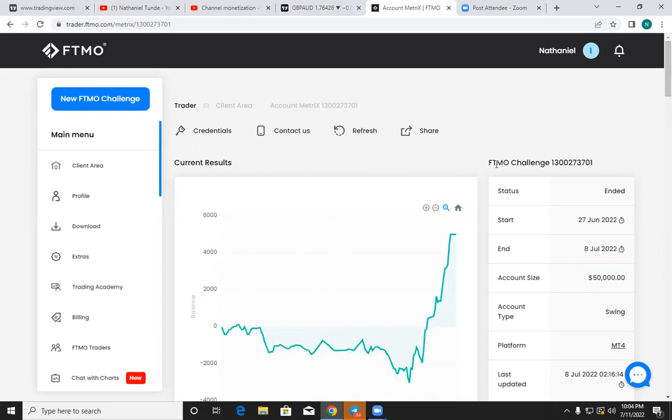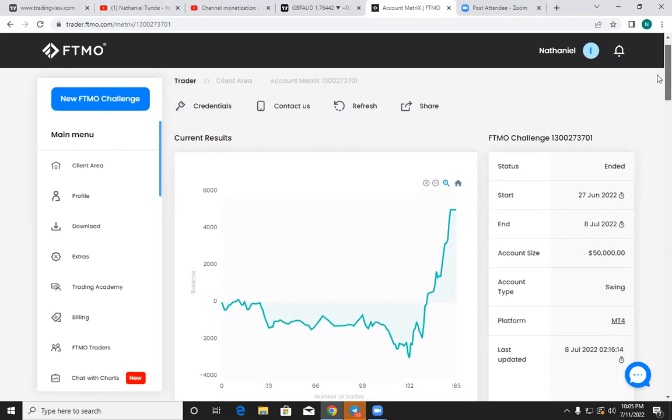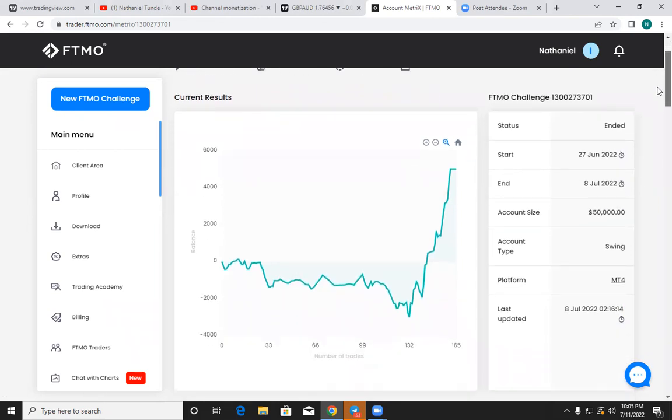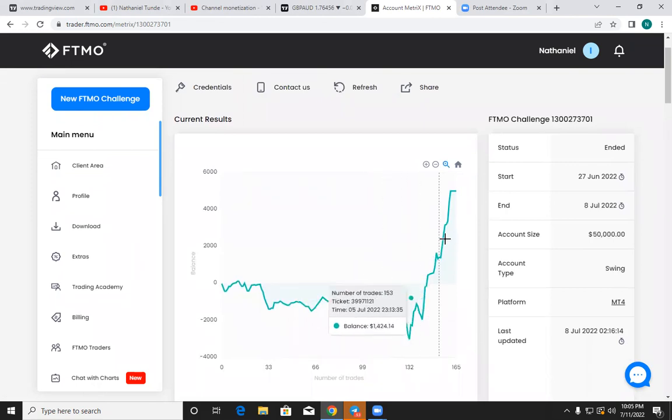On the 27th of June, I bought this 50K challenge account from FTMO. You can see the start date is 27 June 2022. I started this when I started the Wave Traders Signal channel, and I made up my mind that I'm going to use only my system for the Signal channel, and I'm going to use every trade that I give in the Signal channel to trade this challenge account.